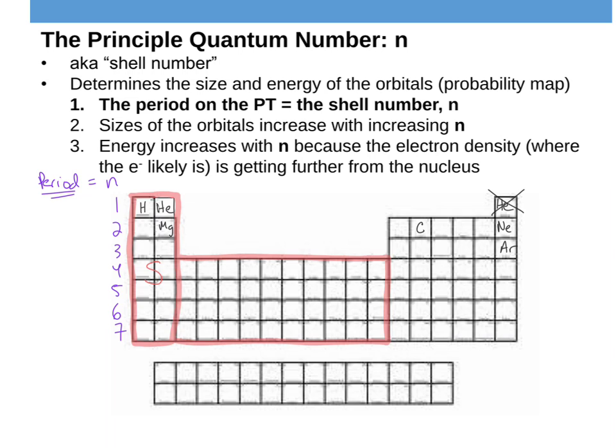This centerpiece here with all the transition metals is called the D block. The next section over here on the right-hand side is your P block. So you have your D, your S, and your P. And then these down here, the lanthanides and actinides, these rare earth metals, are called your F block. So you have the S block, the D block, the P block, and the F block.